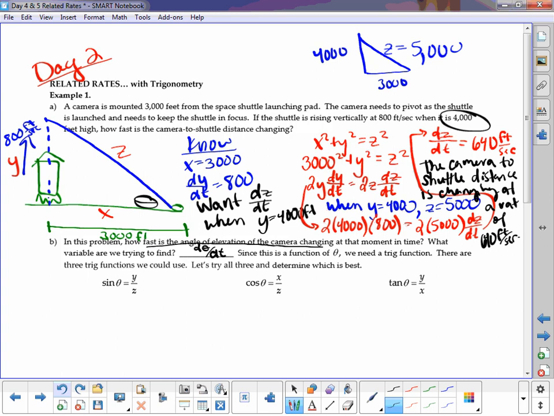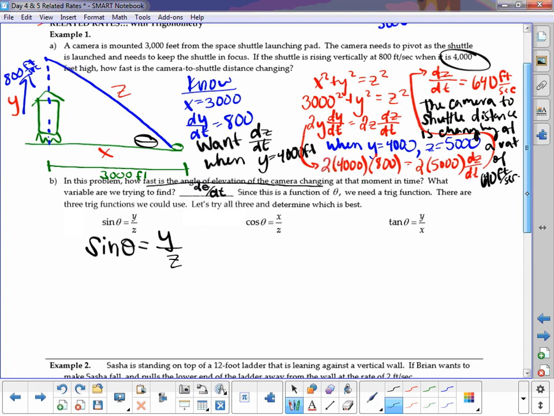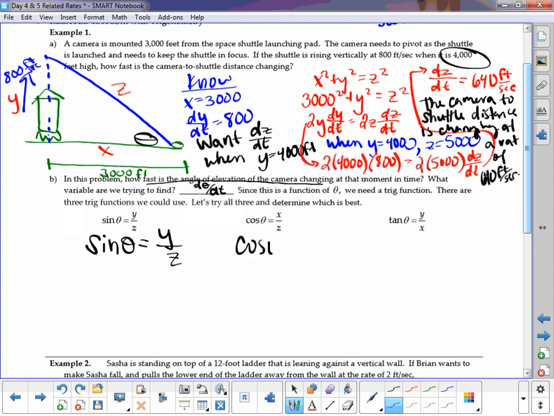So let's take a look. Again, we're looking at our information given to us. So for sine theta, is my y, well, that was changing, so we have to leave that as a variable. And my z is also changing, so we would have to leave that as a variable. All right, so for cosine of theta, adjacent, well, guess what?